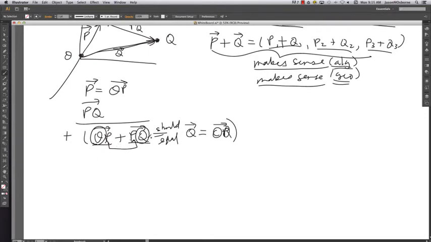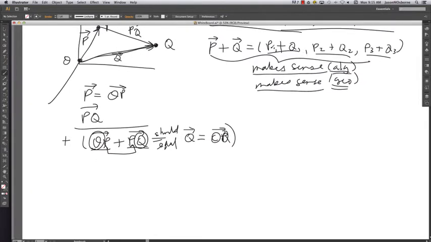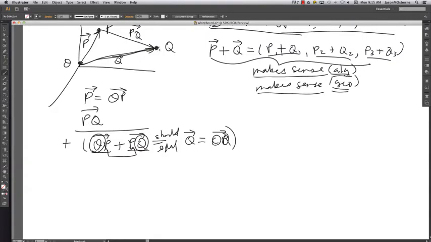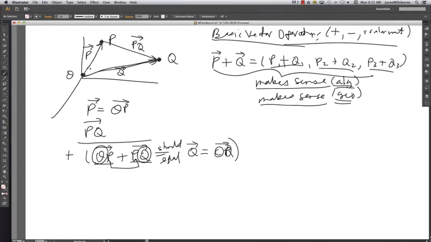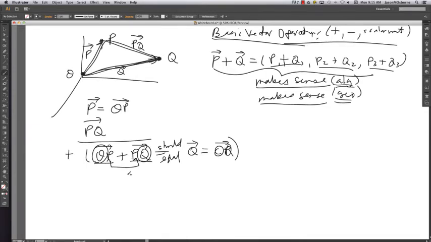What we're saying here is that our algebraic sense hopefully will recover this geometric sense, that when you add two vectors, you can either go the long way around, or you should be able to just point right there. But in either case, adding those two vectors is the same as going directly to this point. They should give you the same answer.